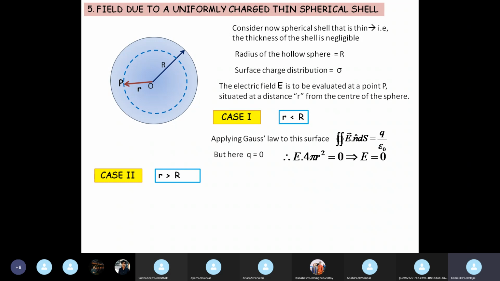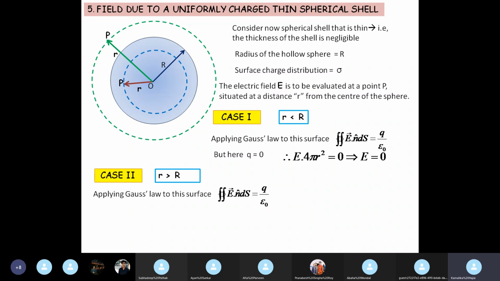Case 2 is r greater than capital R. You are at a point outside the shell. Point P is outside the shell at a distance r, where you want to find the field. Once again you draw the Gaussian surface passing through the point P with radius r and apply Gauss's law.